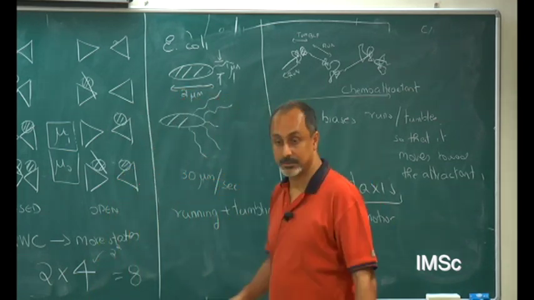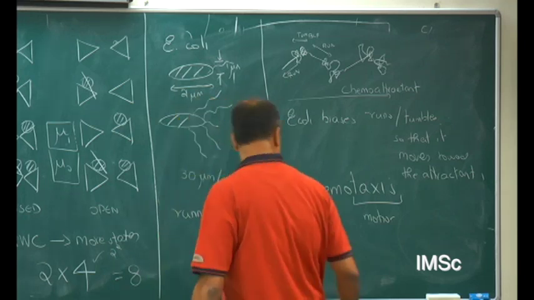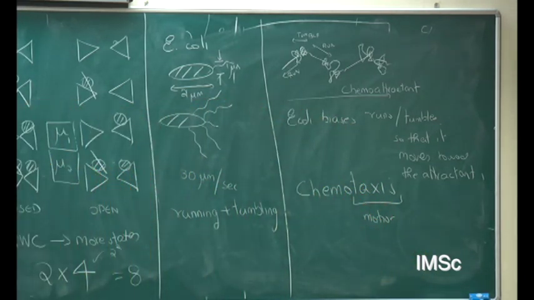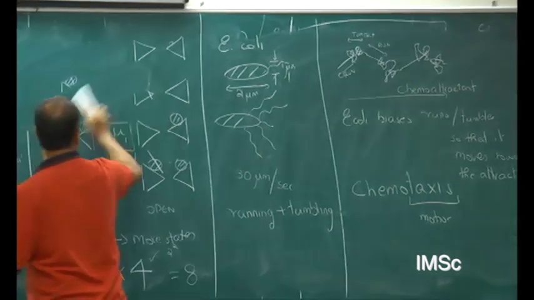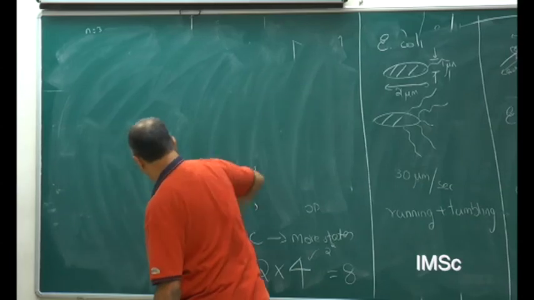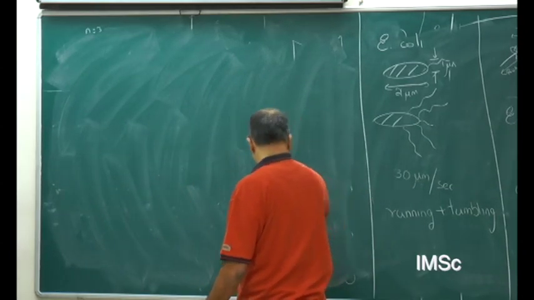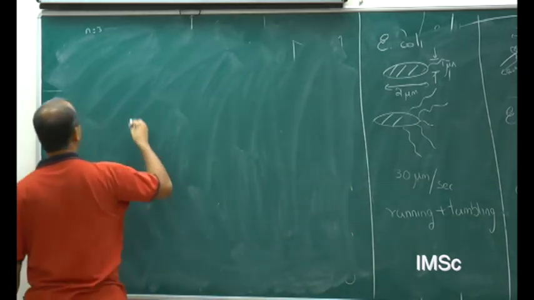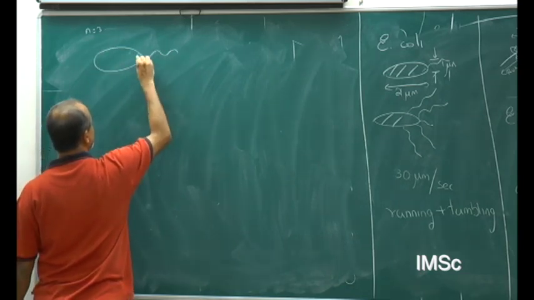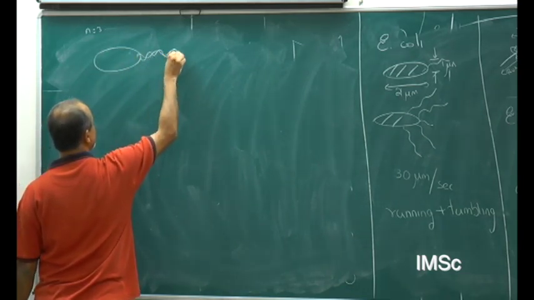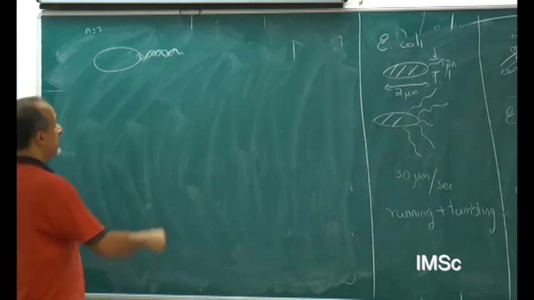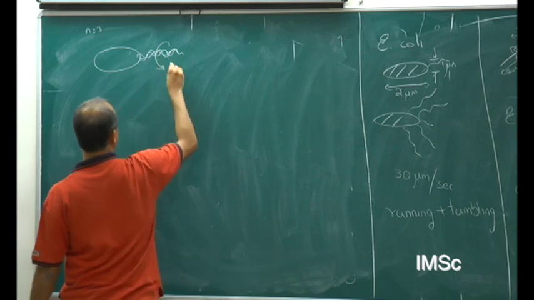So how exactly does it do this? It does it in the following way. It does it by taking these flagella, winding them around each other to form essentially one solid-like object that rotates counterclockwise.